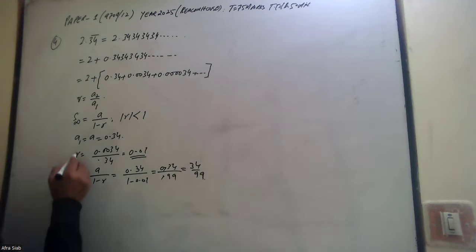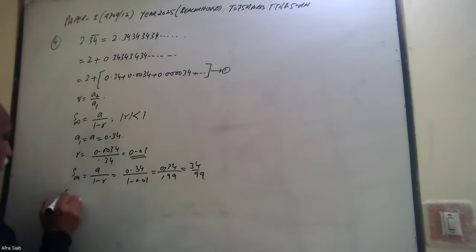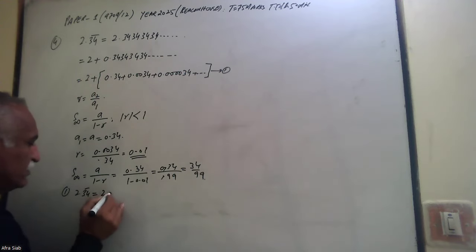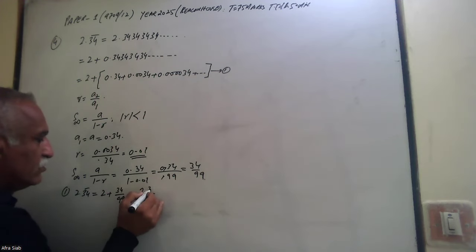So this expression will become 2.34 bar, which is equal to 2 plus 34 over 99, or 234 over 99.